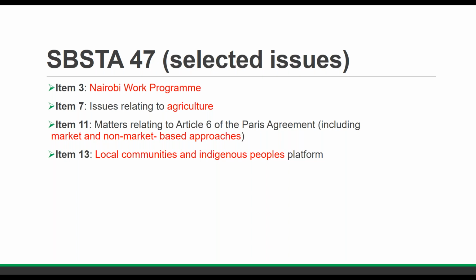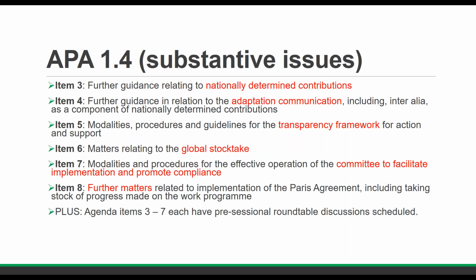Matters related to Article 6 is a really important area because they're talking about the new Sustainable Development Mechanism that's supposed to be set up under the Paris Agreement. And this is something that, as a constituency, we're very concerned about, market-based mechanisms and approaches, and we follow it closely.